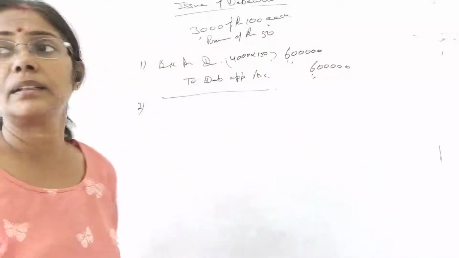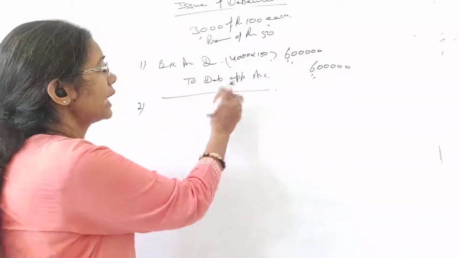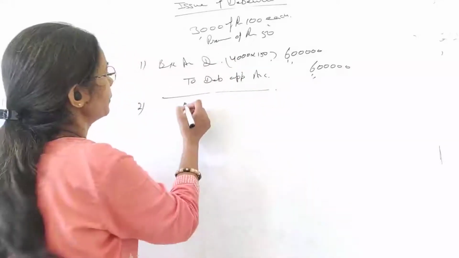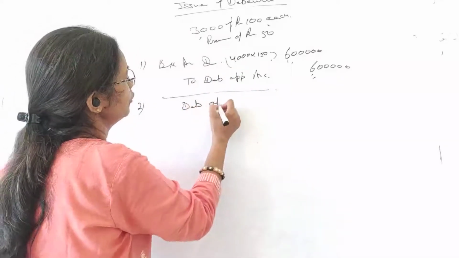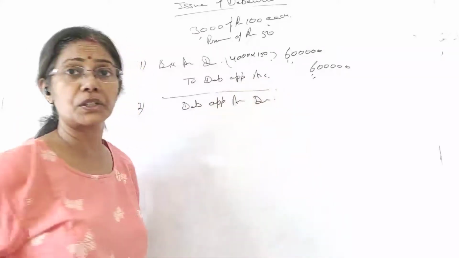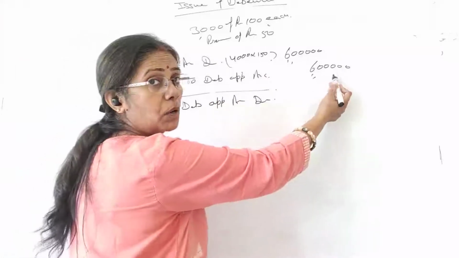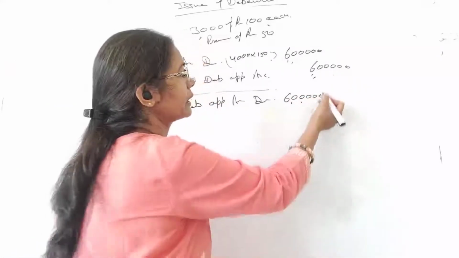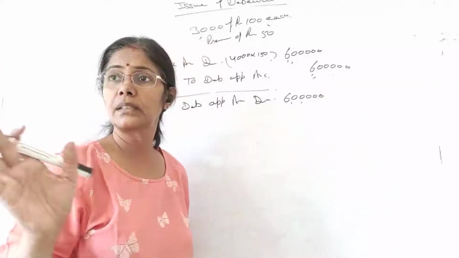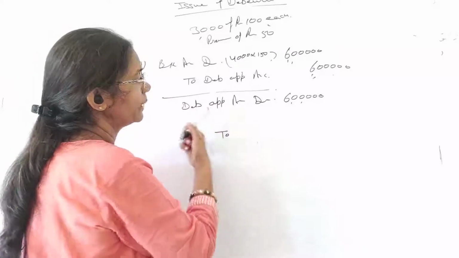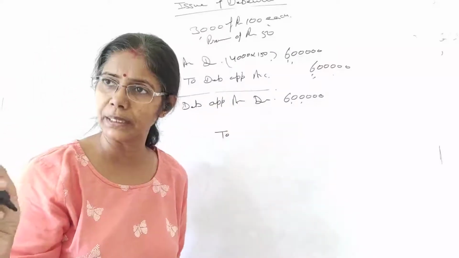Now the second one. This is the time where we transfer the application money to the debentures. The same concept we have to follow. Debenture application account debit, with the same amount which has been credited, 6 lakh. Now the normal entry.